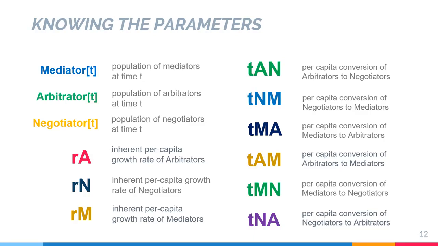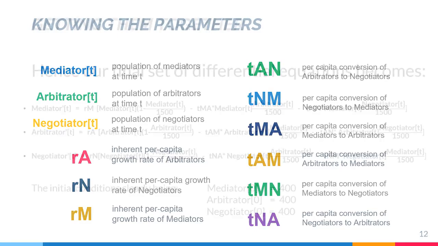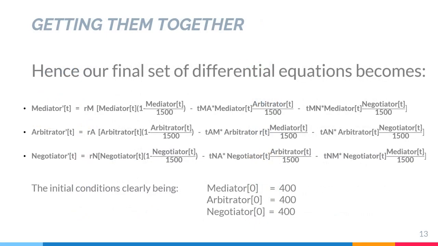And the abbreviations on the right denote the per capita conversion of people from one group to another. Hence our final set of differential equations can be written down as follows, and we finally try to solve the given set of differential equations on the Wolfram Mathematica 9.0 system. Please note that all the constants of proportionality had been left open for manipulation while writing down the code, and hence we obtain the following plot.